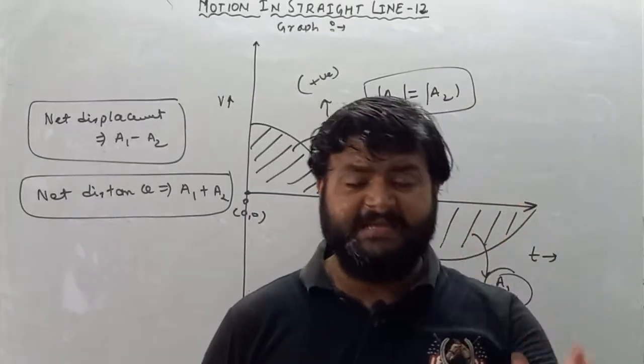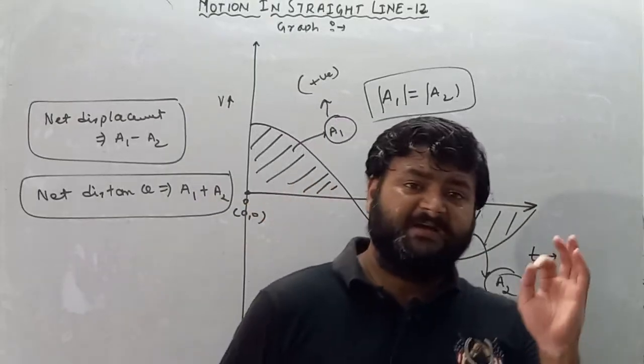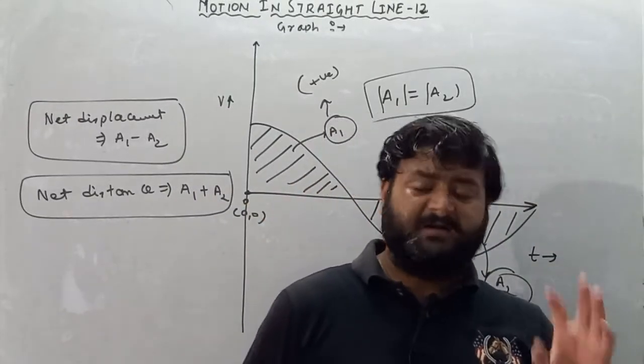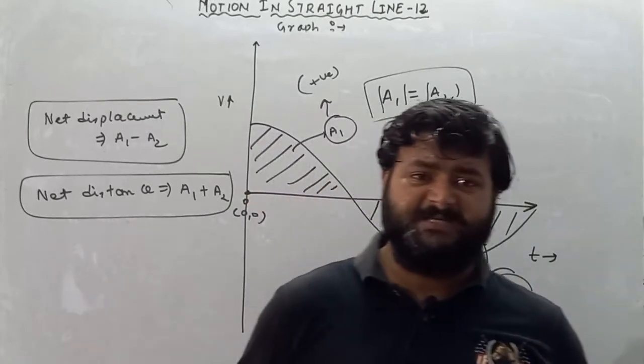Remember this thing, area under velocity time graph gives the net displacement or change in position vector or displacement vector.